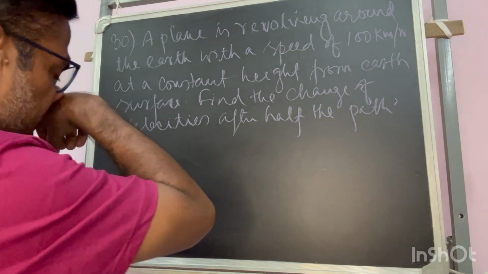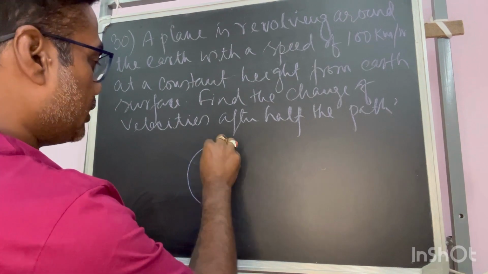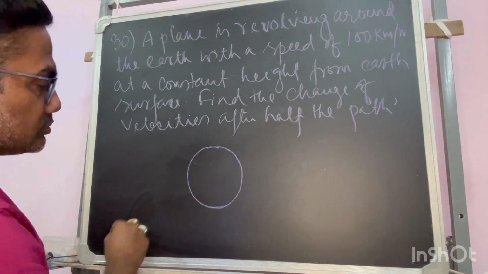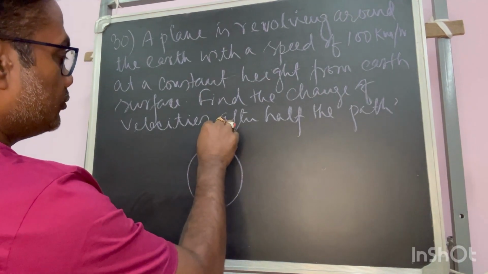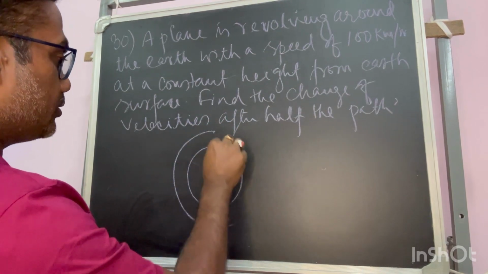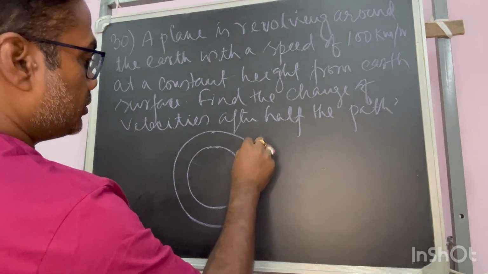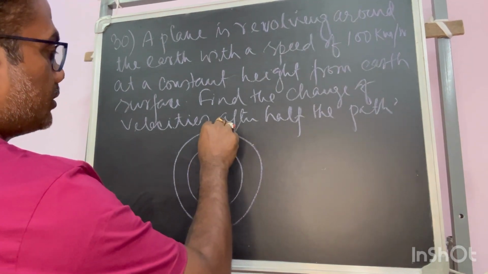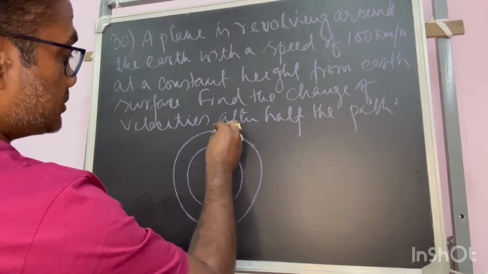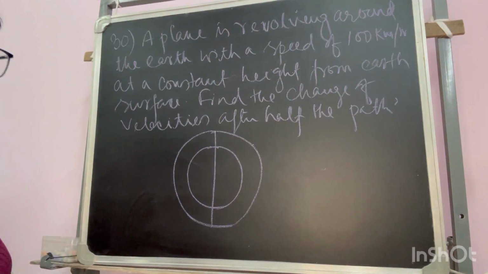Now you can assume Earth in 2D, a circular body, and anything moving around Earth with a constant height, that means it is maintaining a constant distance from Earth's surface, so it would also be a circular path. So half the path around a circular path is the opposite point of a diameter.